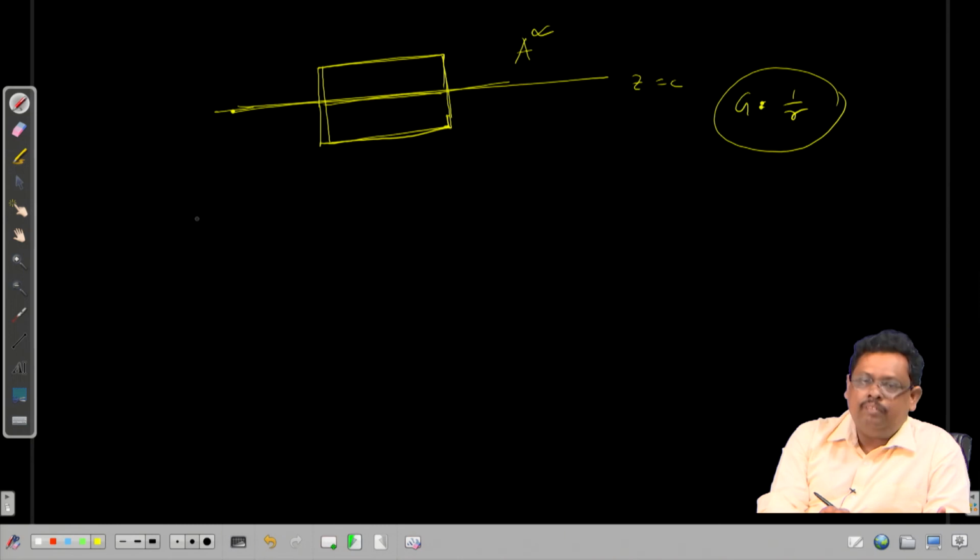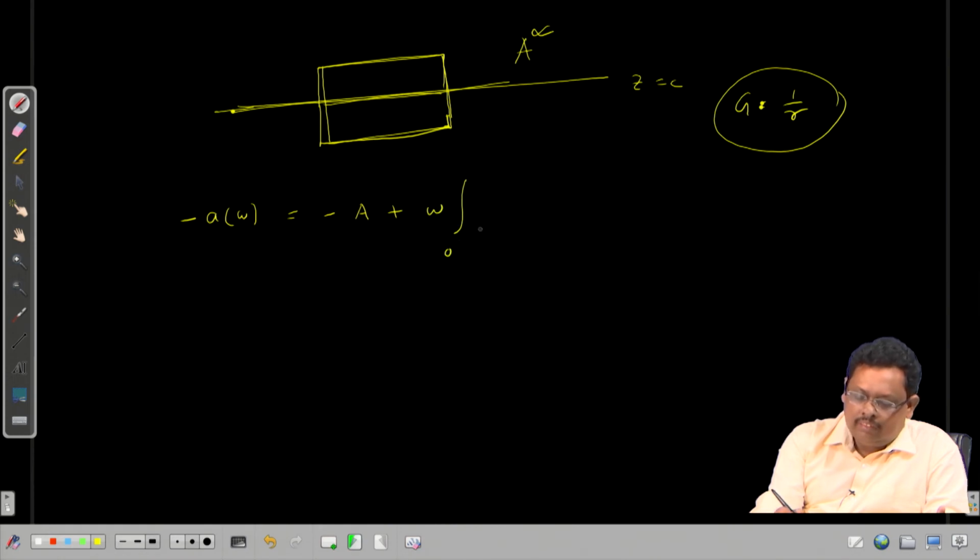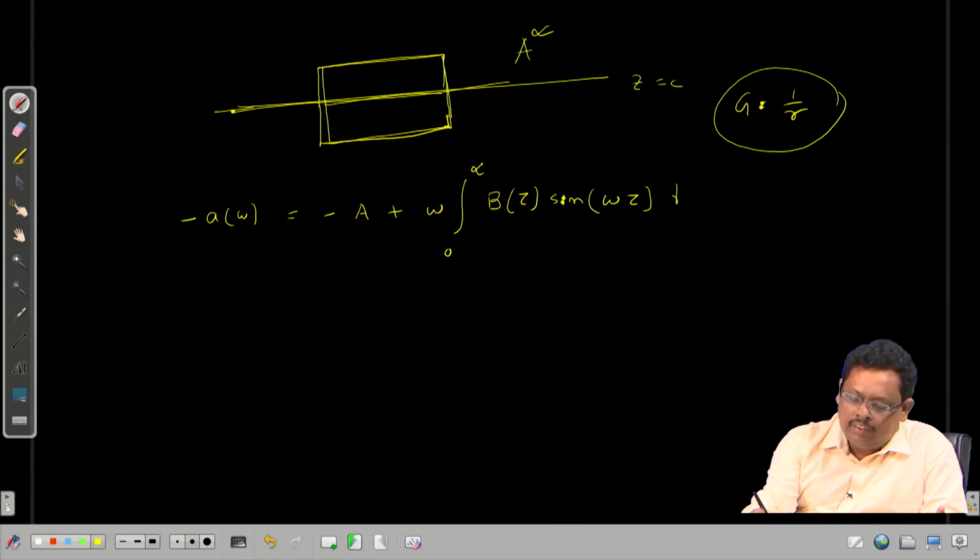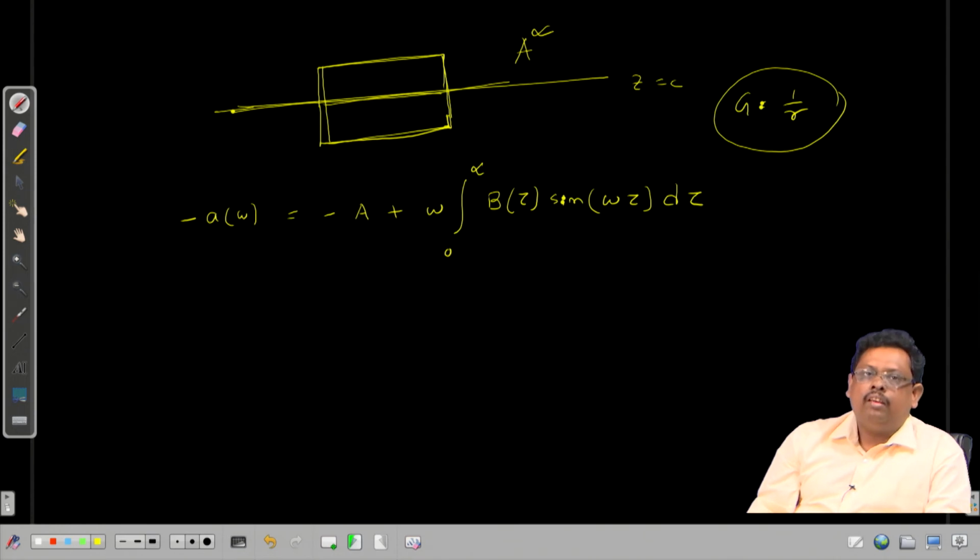Now, if you remember in the last class I left it this way, it is minus a(ω), I can do this, it is minus a plus ω into the integral from 0 to infinity of b(τ) sin(ωτ) dτ, right.